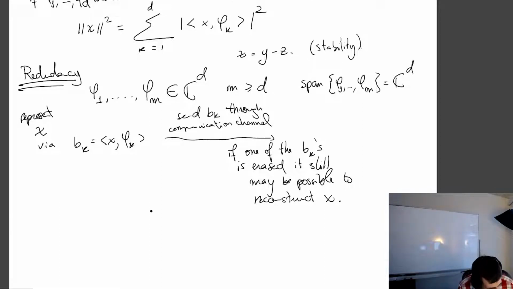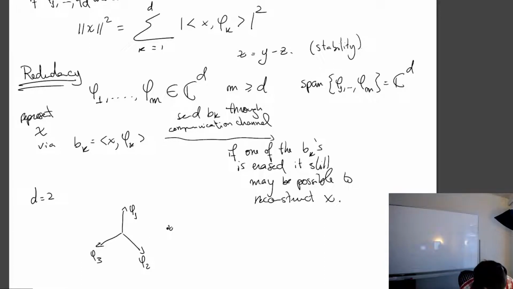So here's an example. Let's take d equals 2, and let's take this frame. This is known as the Mercedes-Benz frame. Now, let's say I want to send a vector x. I send the inner product against each one of these frame elements. I haven't defined what a frame is, but it'll just be the name I give to these three vectors.